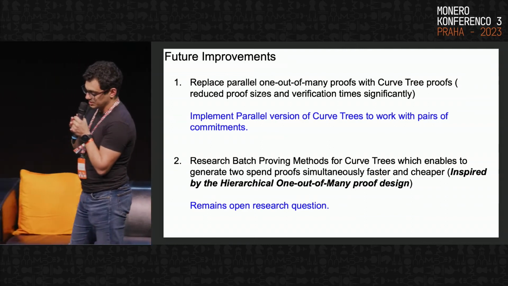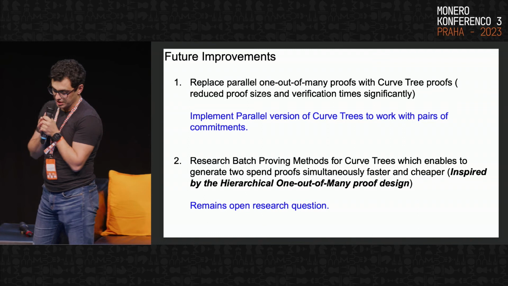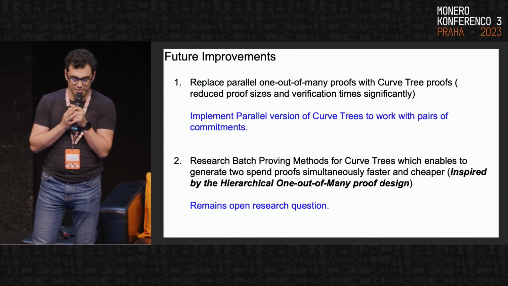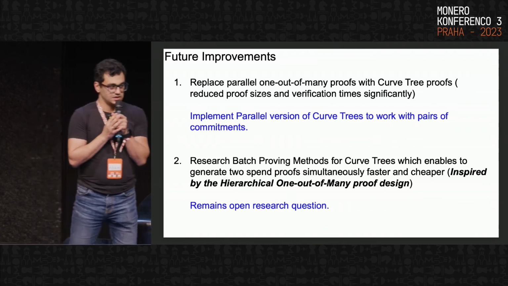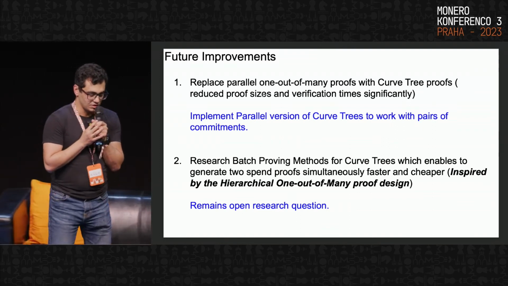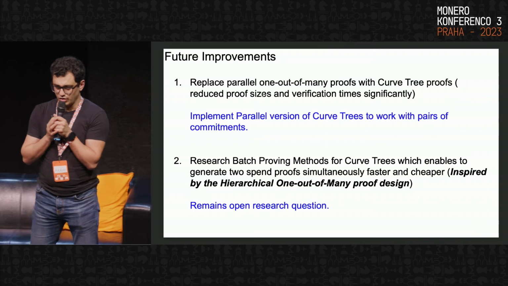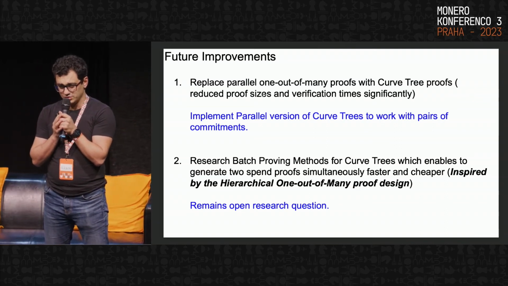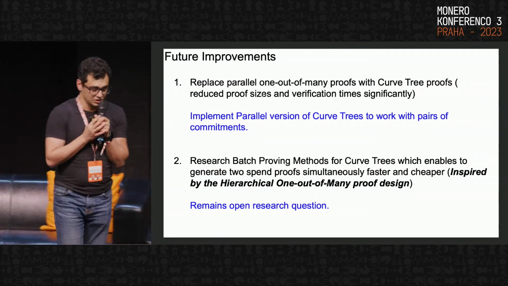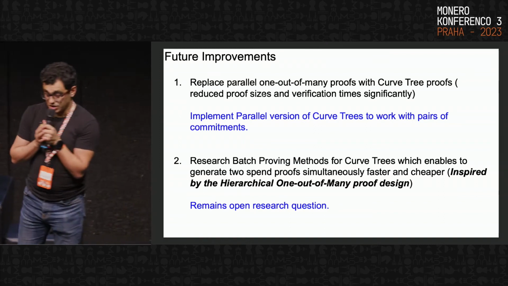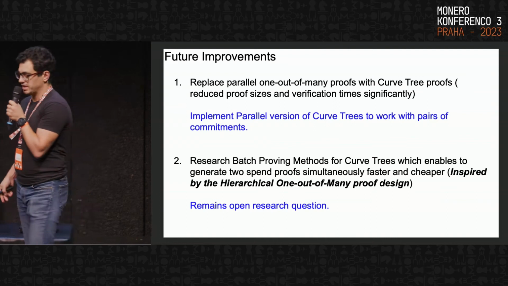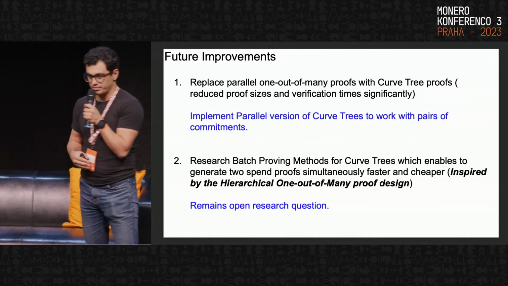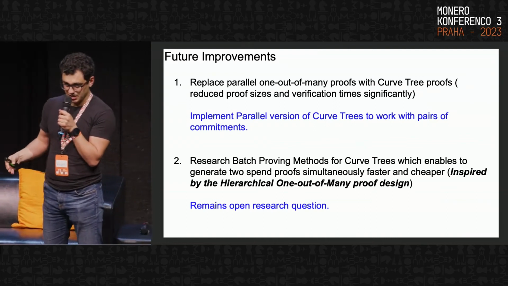Another interesting open research question on our table at this moment is researching a batch proving method for curve trees. This is inspired by another original work that we did at Firo called hierarchical one-out-of-many proofs, which allowed us, actually not to decrease the proving time, but to enable very efficient batch proving techniques.